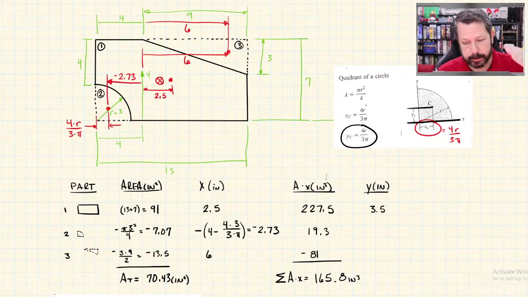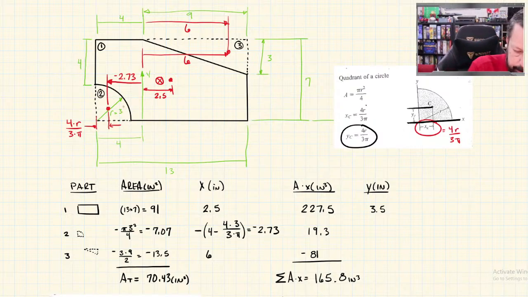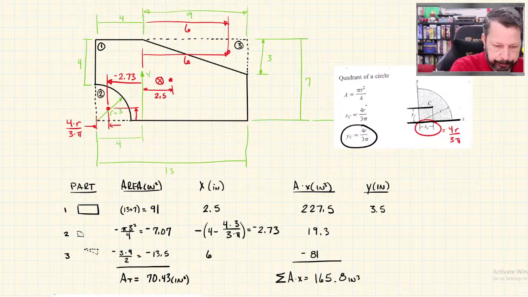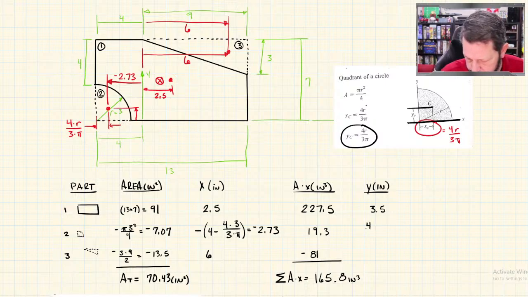And it's positive because the x-axis is at the bottom and I'm measuring upwards, measuring that distance right there. So 4r over 3 pi, the radius is 3, so it's just 4 over pi. Four divided by pi is 1.27.